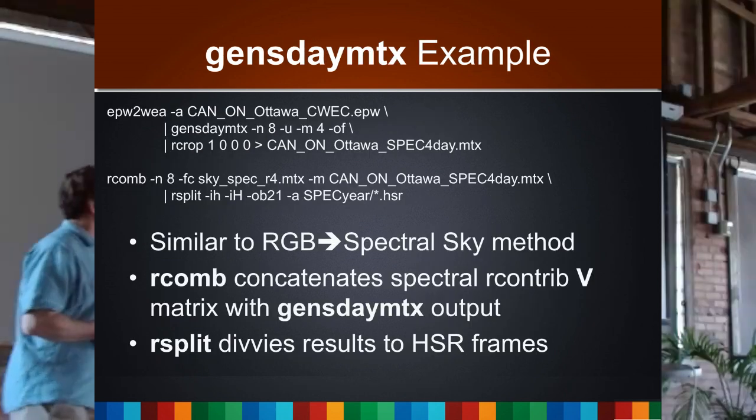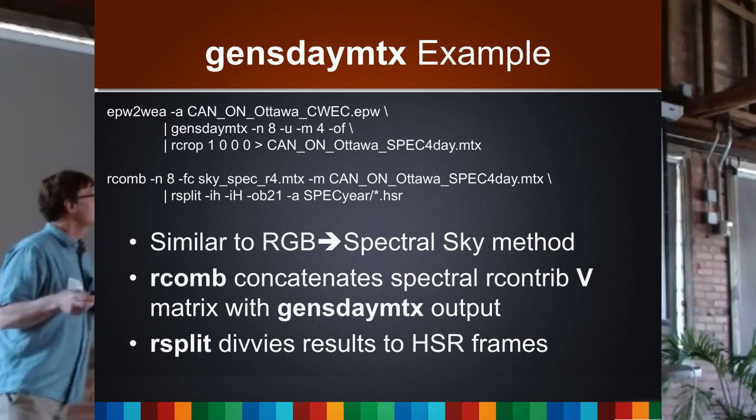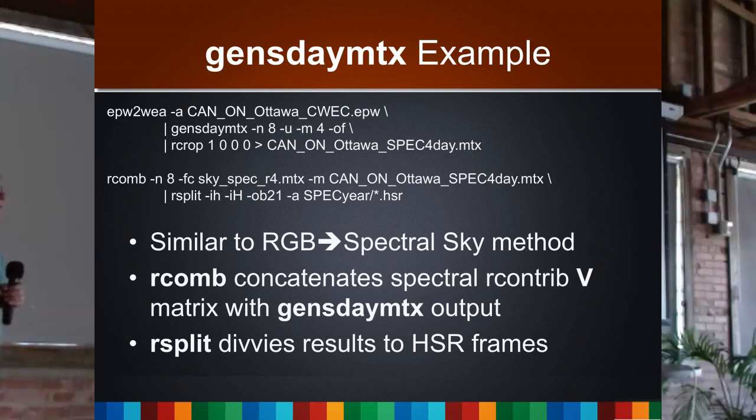Then GenS day matrix goes from a weather tape, as we said, with the -A option. You can get out the additional aerosol information that you need for each time step. It also has a -N option. It uses the same trick of generating tables that it reuses for similar time steps. So this matters the first run.